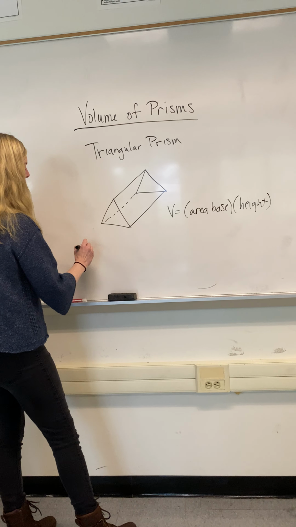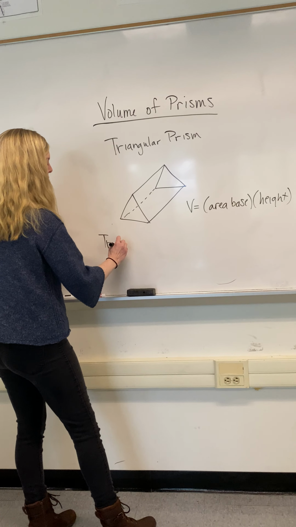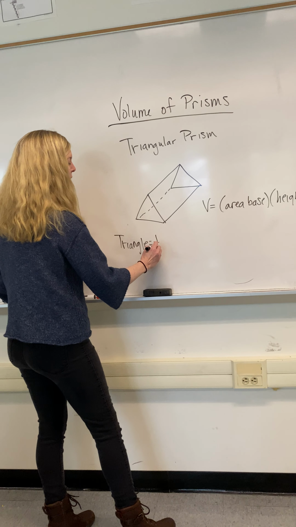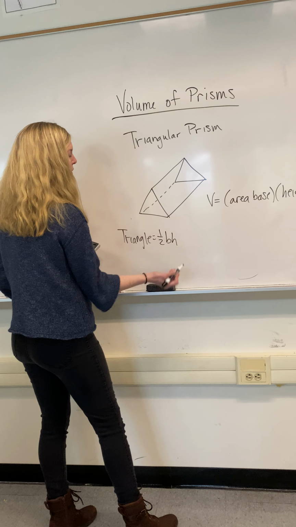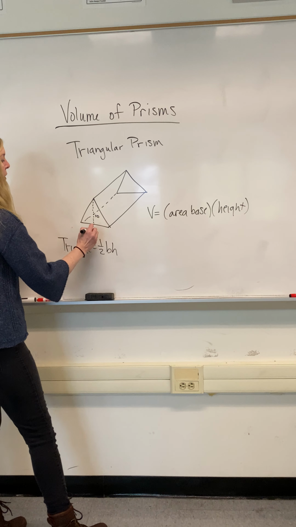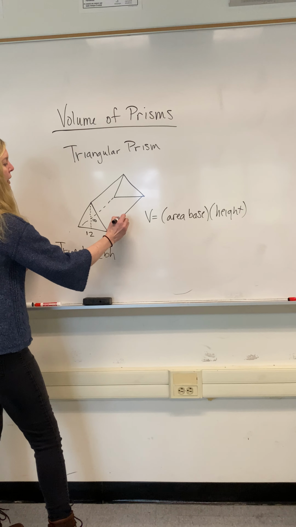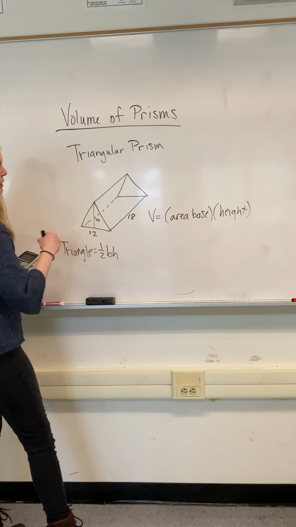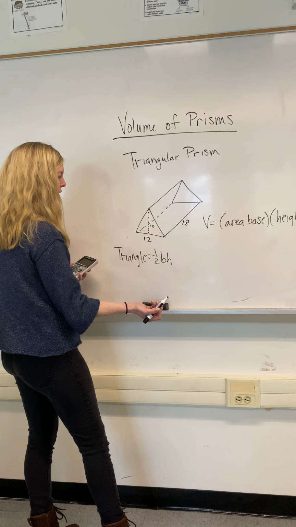Well, the area of a triangle is 1/2 times the base times the height. So let's say we have the height of 10. The base is 12 and the height of the prism is actually 18.